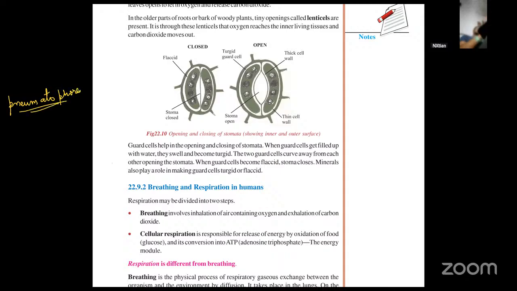So basically, those plants who are living in marshy area, swampy area, for example, mangrove plants. Do you know what is marshy or swampy area? Where there is a dal type area, or gili mitti, like wet sand.